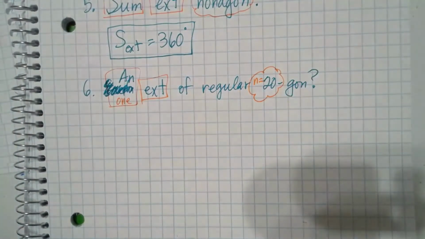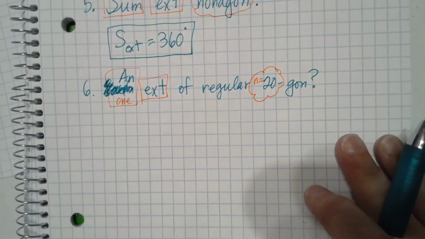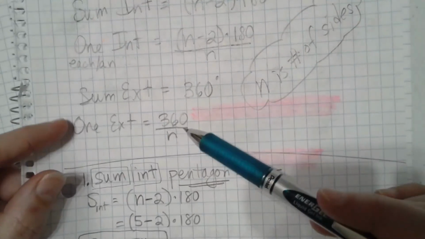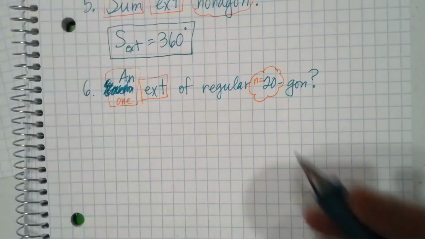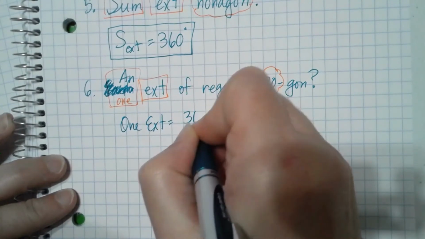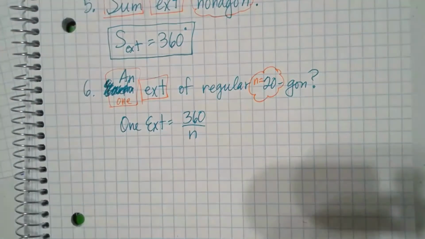Number of sides, 20. So I'm going to find my formula for 1 exterior. 1 exterior is this, 360 over n.